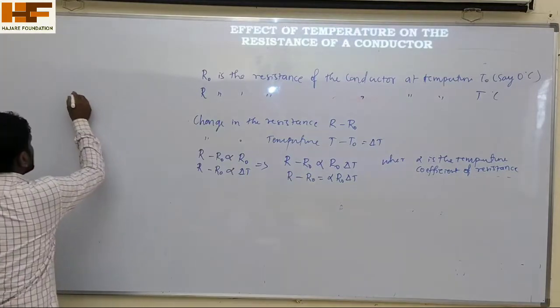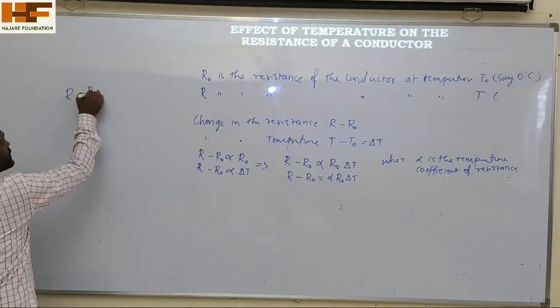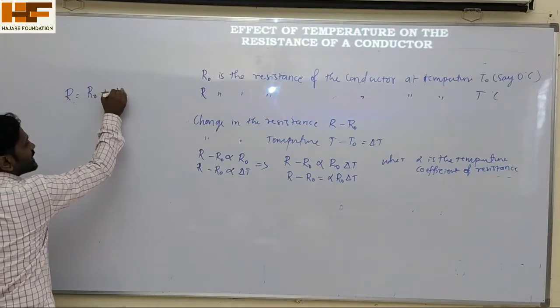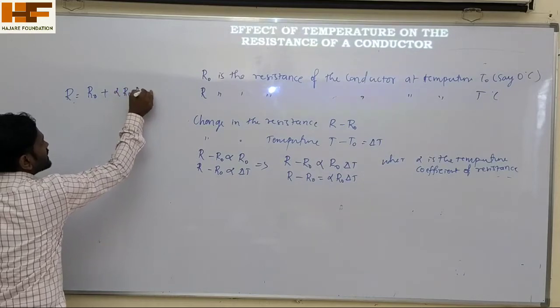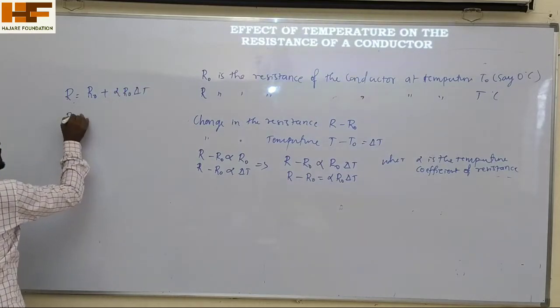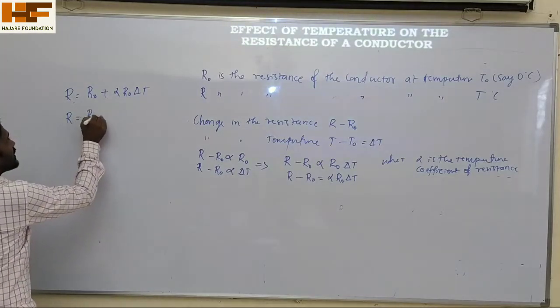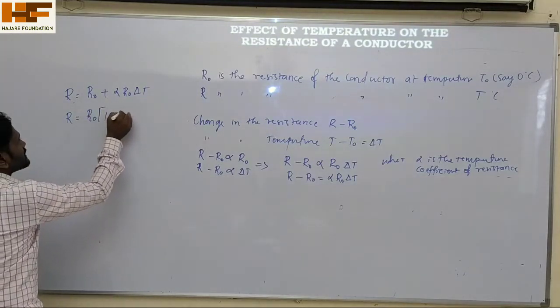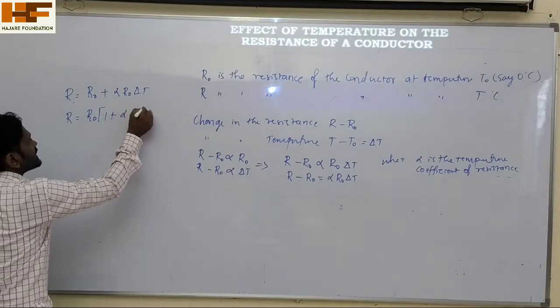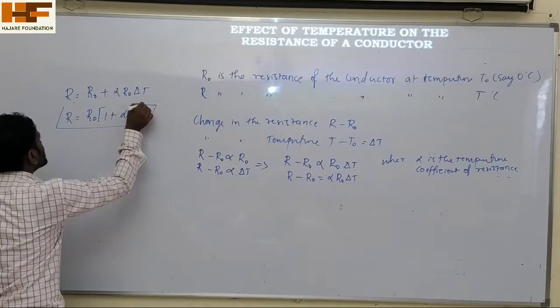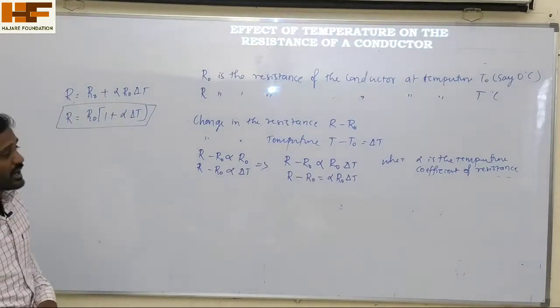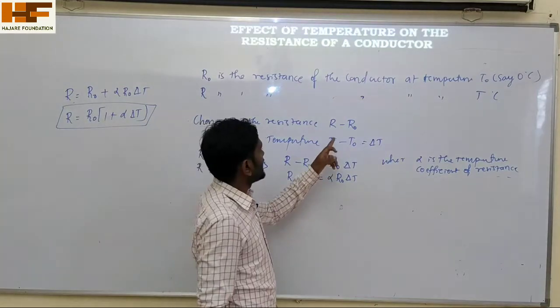Or we can write R is equal to R naught plus alpha R naught into delta T, or R is equal to R naught, taking the common factor, into 1 plus alpha delta T. It is the expression for the resistance of the conductor at the temperature T.